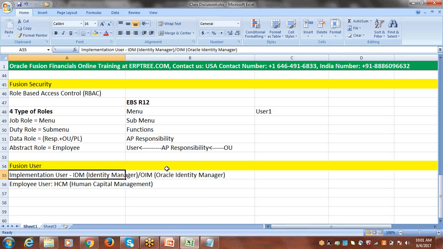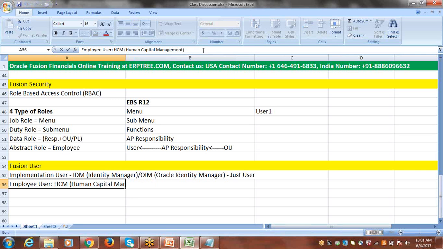What does implementation user creation mean? Here, implementation user means just a user. Employee user means a user with an employee assignment.